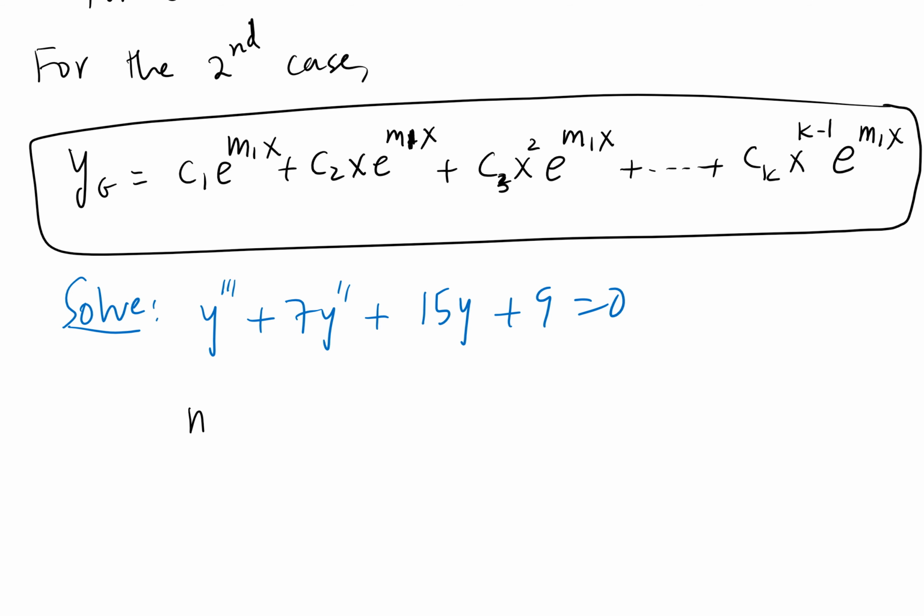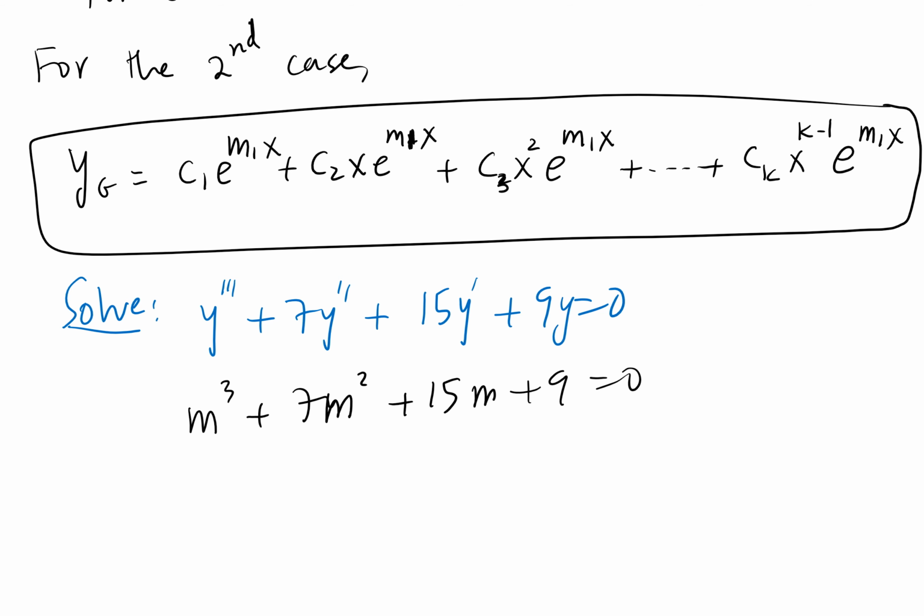Again, we write the auxiliary equation, or the characteristic equation, like so: m cubed plus 7m squared plus 15m plus 9 equals 0.